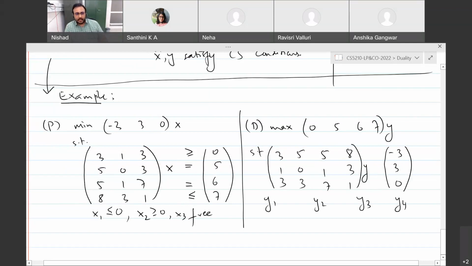Okay. So let's see. Well, this is a minimization problem, so less than or equal to is going to be our natural constraint. And so this one, y4, is going to be greater than or equal to 0, because that would be the natural variable, right? And equality constraints give you free variables. So y2 and y3 are free variables.